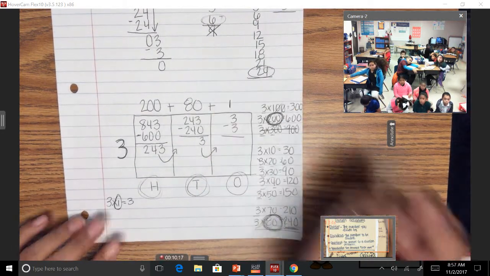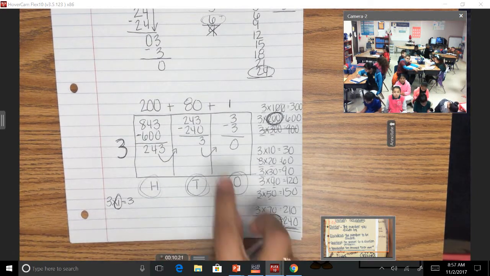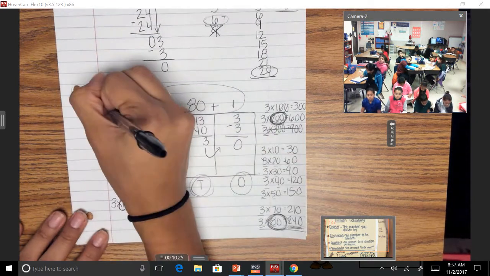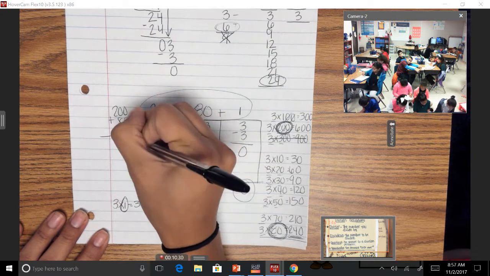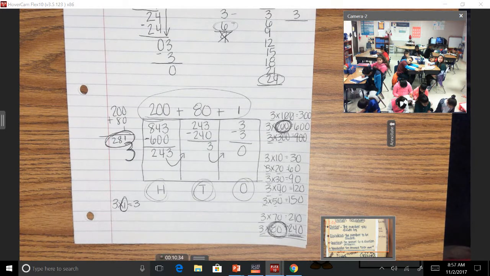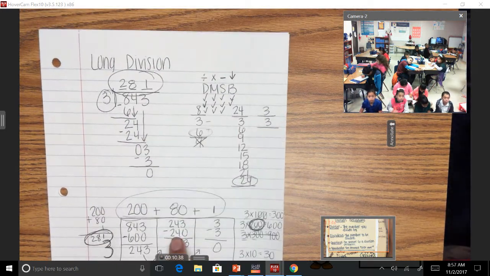So 3 minus 3 equals 0. Then all up here is what you add. So if you add 200 plus 80 plus 1, what's your answer? 281. Look at that. Two different ways to do this.